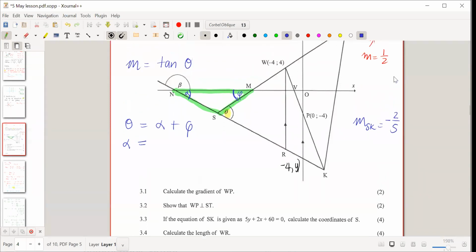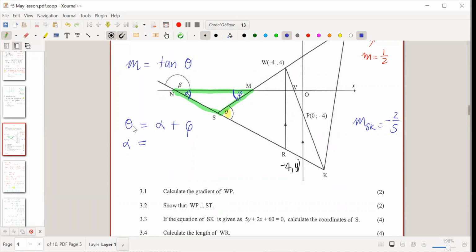So if I want alpha, essentially what I now need to do is find the reference angle with respect to beta. So let's calculate what is tan inverse. So we're now going to take your calculator out, make sure that it is set to degrees and not radians if you're using your Casio calculator.